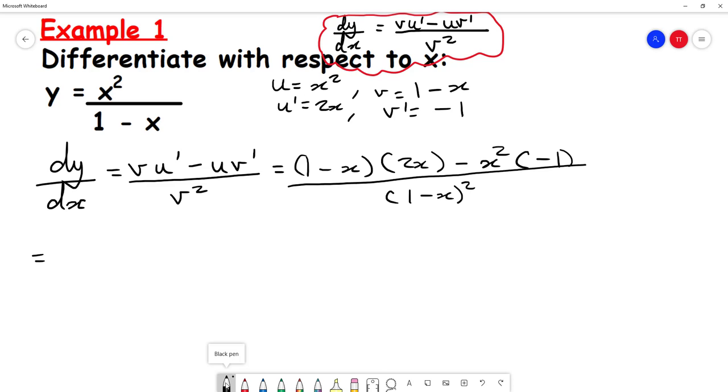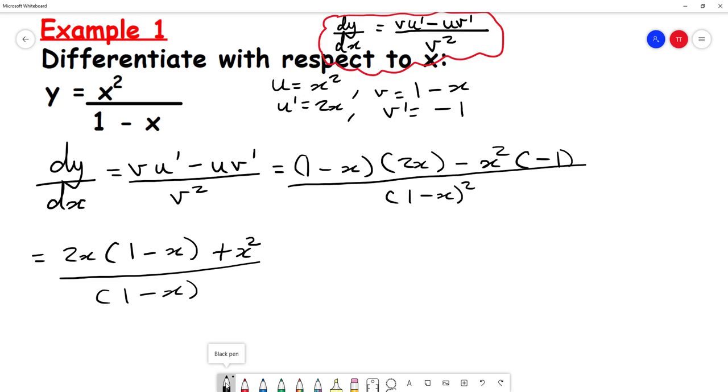Now that's going to give me 2x times 1 minus x. Now minus times a minus is a plus, so I get plus x squared, all divided by 1 minus x squared.